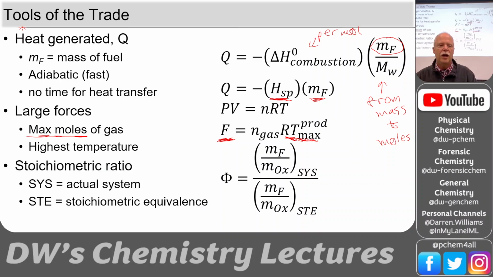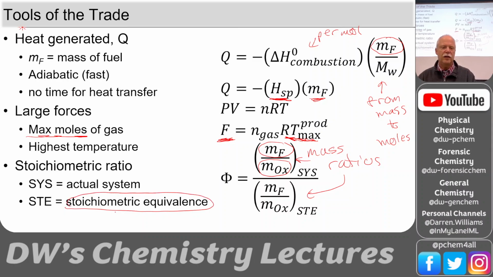Okay. And then this is the important piece, this stoichiometric ratio. So firefighters and folks dealing with fire, they want to deal in mass. And so they're talking about the mass of the fuel versus the mass of the oxidant. So this is a mass ratio. So both of these are mass ratios. And we have the stoichiometric equivalence. So this is from the chemical reaction.